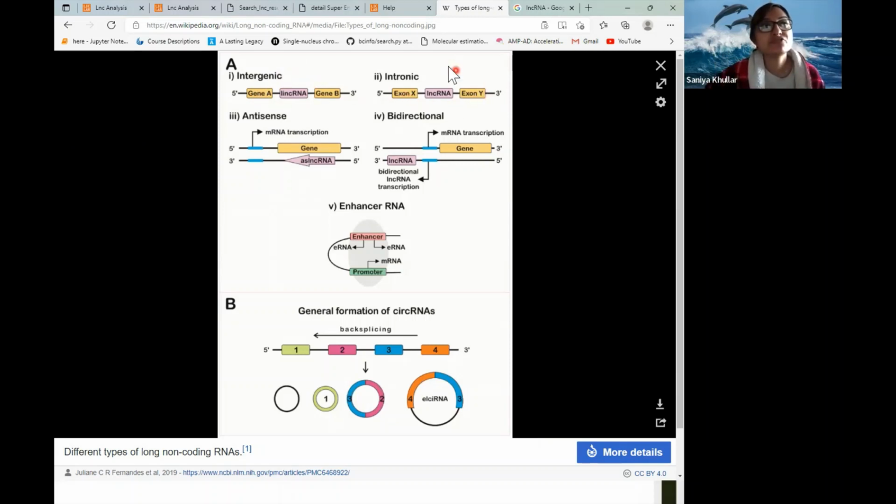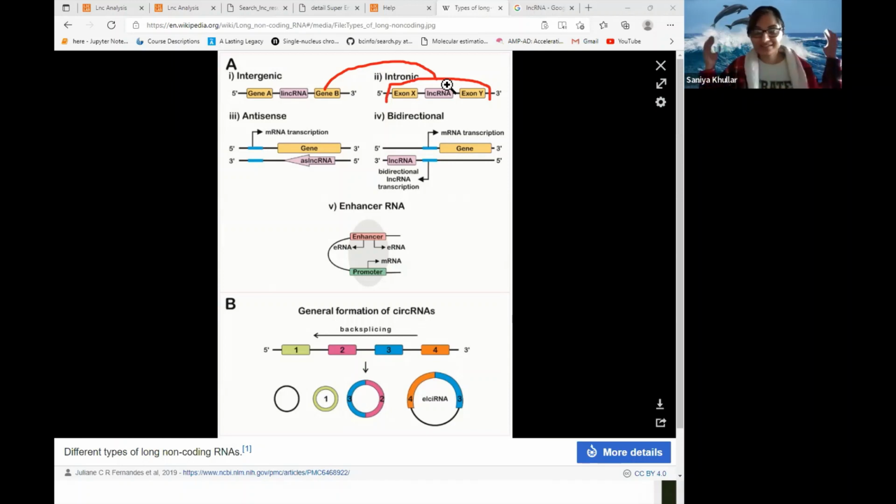So this is an intronic long non-coding RNA. What this means is that, hypothetically, if this was gene B, then this long non-coding RNA is within this gene. So it's an intron. When we are forming the messenger RNA, we can do alternative splicing, but basically exons are shoved together.